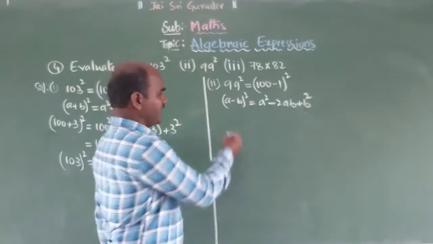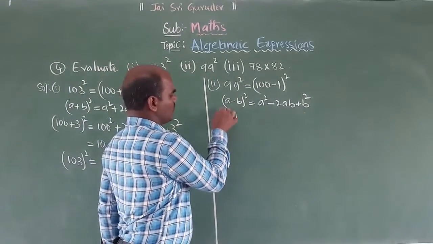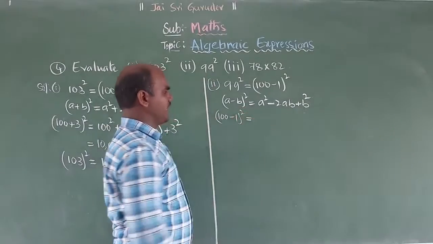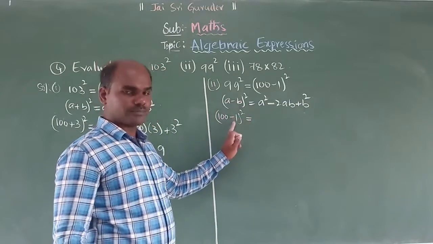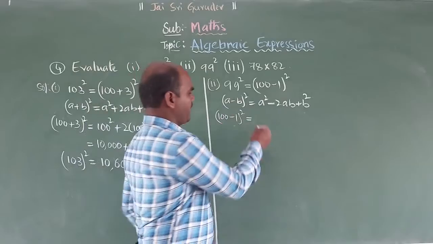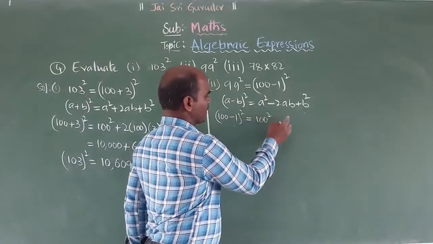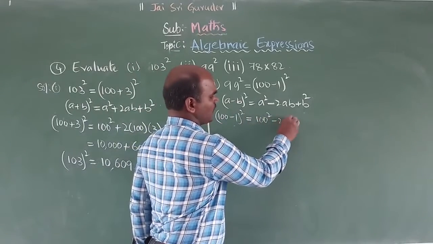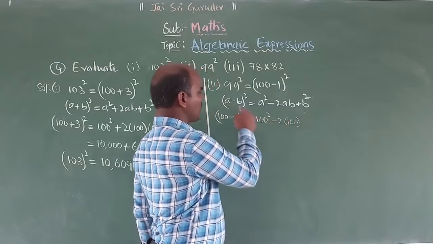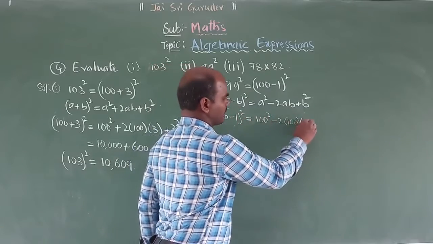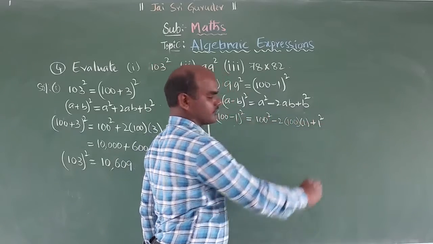So based on that, a value is 100 and b value is 1, so 100 square minus 2 into 100 into 1 plus 1 square.